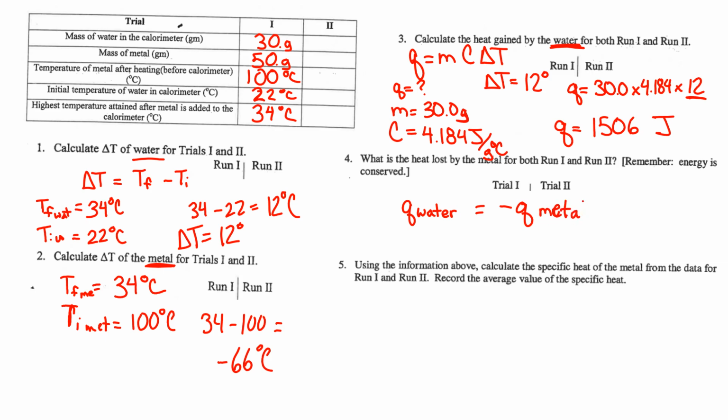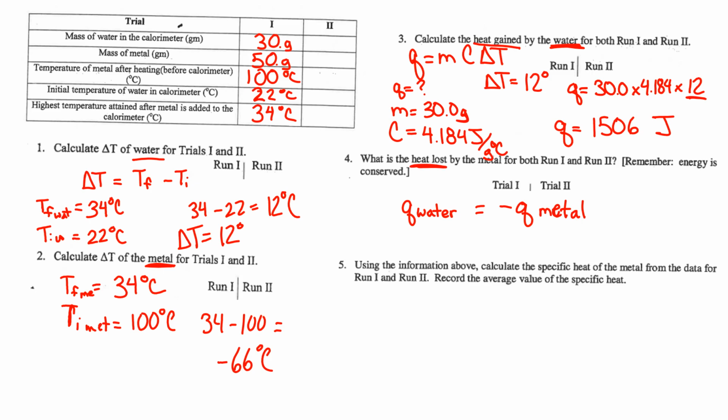And the reason why I'm using a positive and a negative is because it says heat lost here, heat gained. So the heat gained is the opposite of the heat lost. So it's the opposite charge.